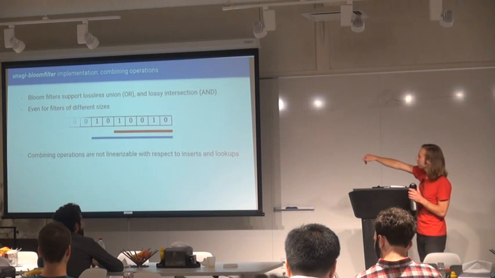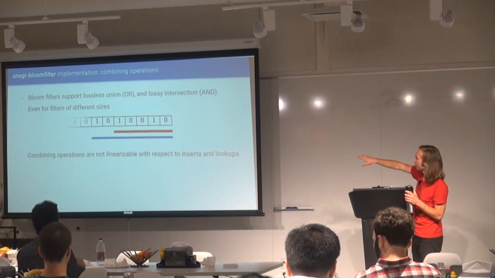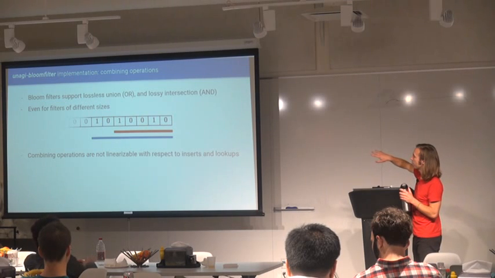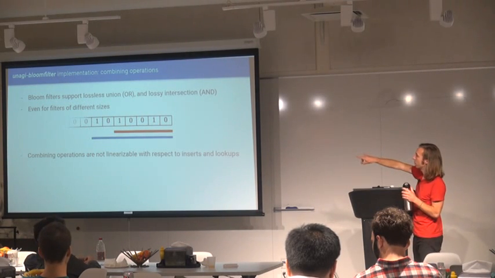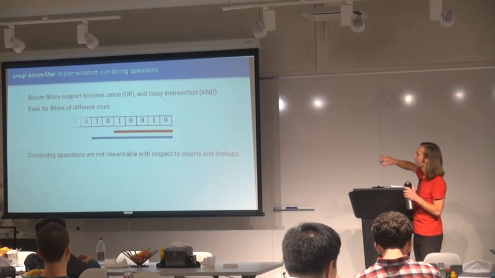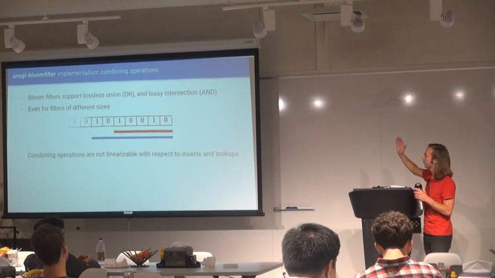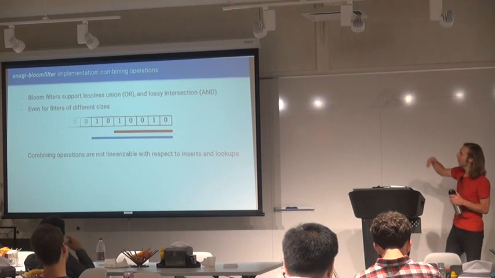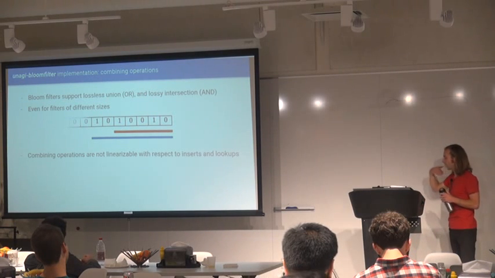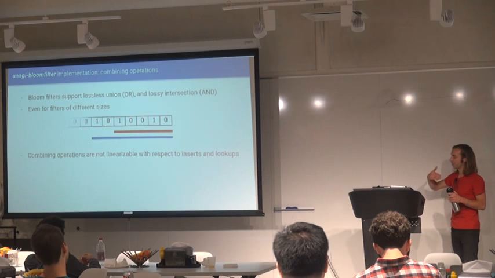The blue bits, those 7 bits there, would be used for inserting into a larger Bloom filter, and the red ones would be the only ones needed for a smaller one. If you take your bits in that way, then you'll be able to hash an element and look it up in the smaller version of the Bloom filter.